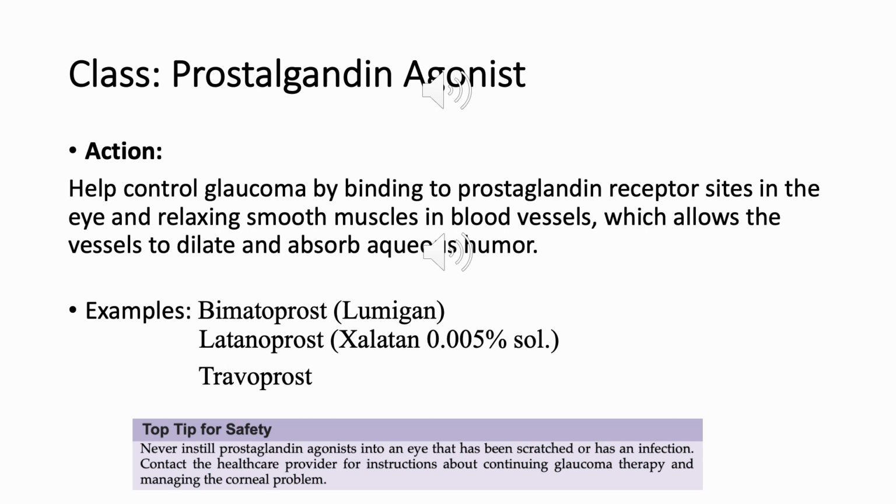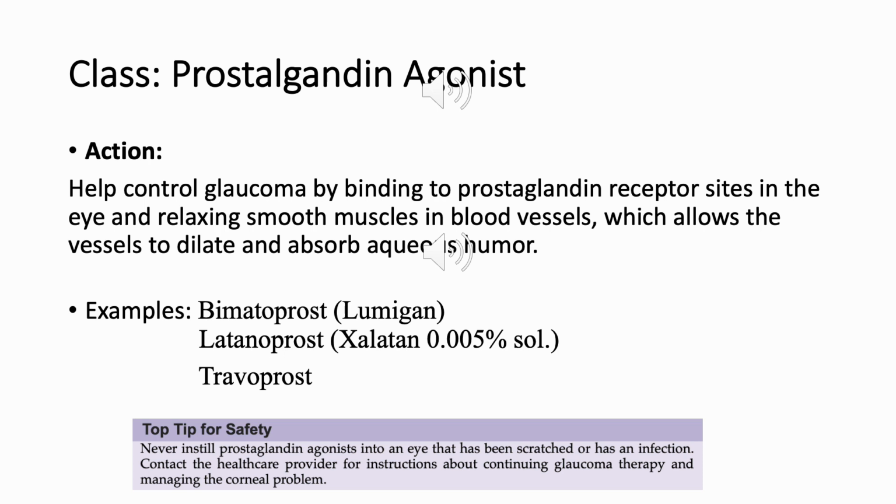The prostaglandin agonists bind to prostaglandin receptor sites in the eye, increasing the outflow of aqueous humor. They help to control glaucoma by relaxing smooth muscles in the blood vessels of the eye, which allows vessels to dilate and absorb aqueous humor.